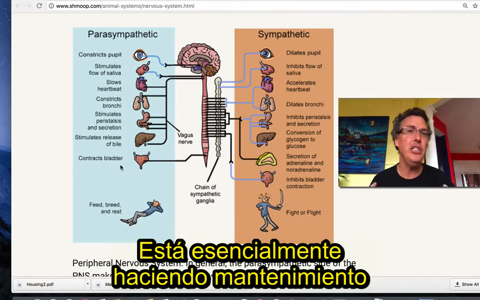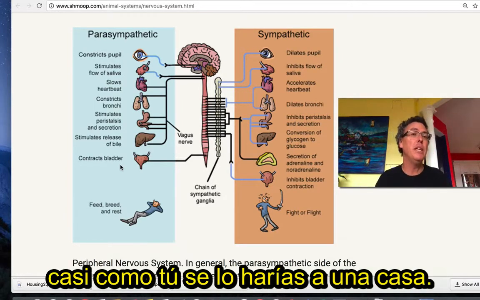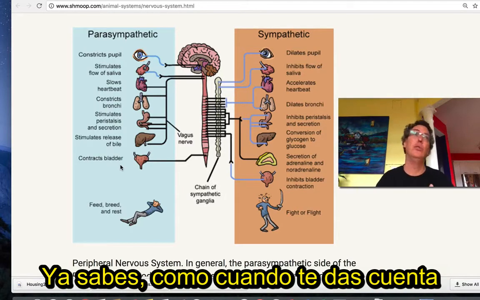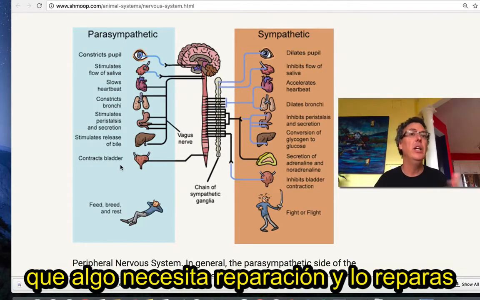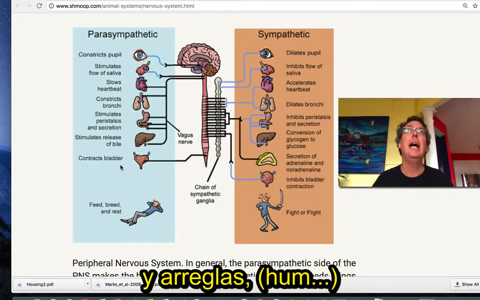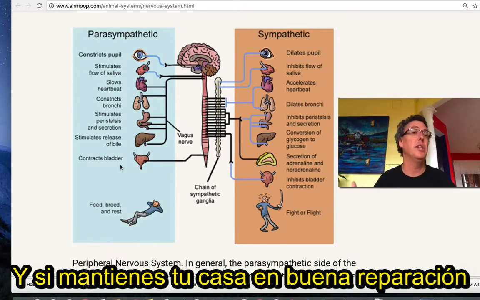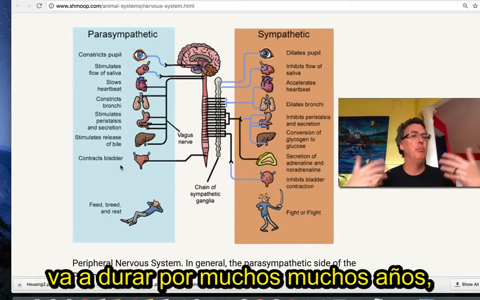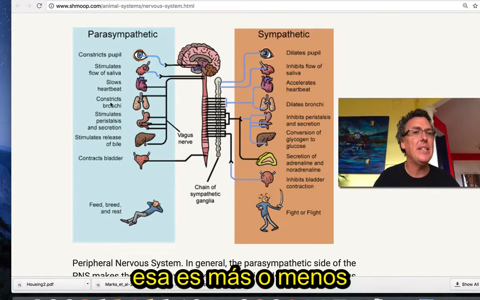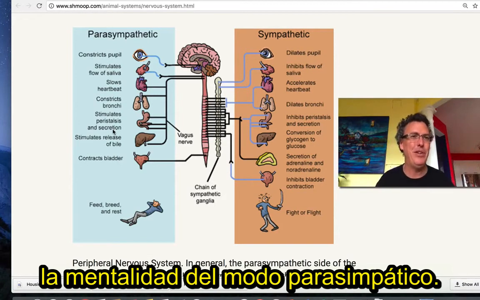It's essentially doing maintenance, much like you might do to a house when you realize something's in disrepair, you repair it and fix it. And if you keep your house in good repair, it will last for many, many years.